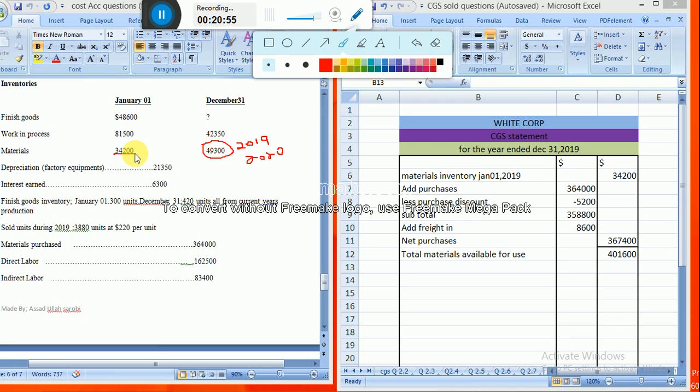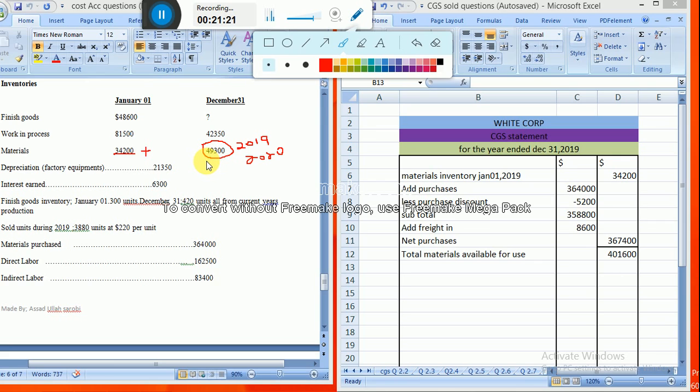So we record the 34,200 materials in 2019. From 2018 we subtract it, and here in 2019 we add it. So similarly here in 2019 also the 49,300 materials are left unused.